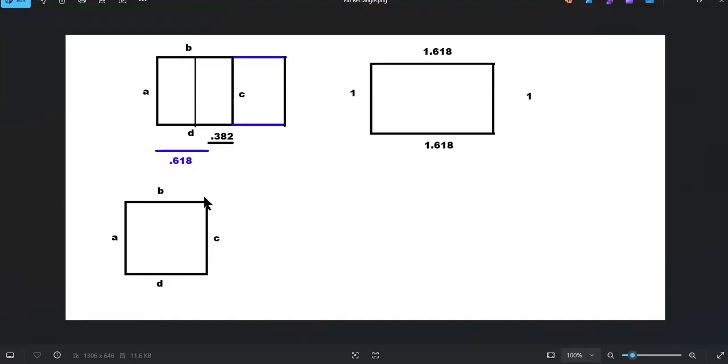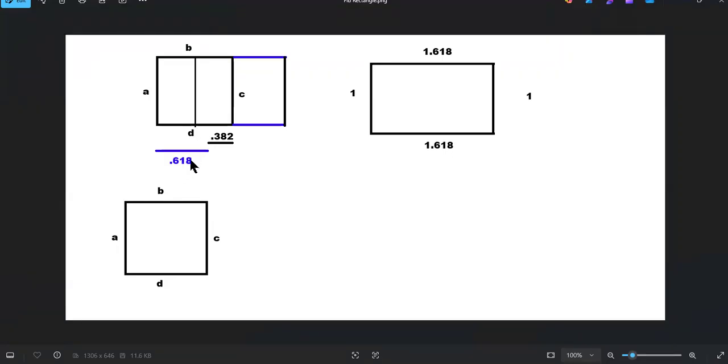So now look at this square. It has equal sides, A equals B equals C equals D. Let's say a 1 inch square, right? But if we break it down, for example, the middle point of this base is 50, half, but you draw this line, 0.618.